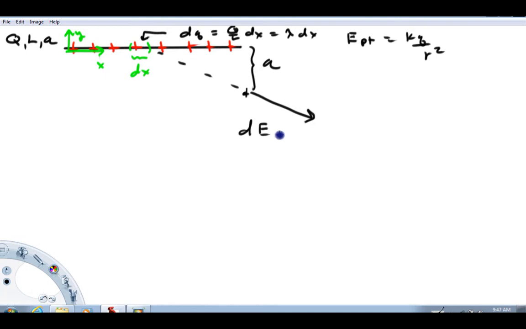Now I'm going to write out an expression here. The dE is going to equal k dq over r squared. Here's a very important fundamental of these problems. The r that we're going to need is from chunk to point. That is this distance right there. From here to here is x.